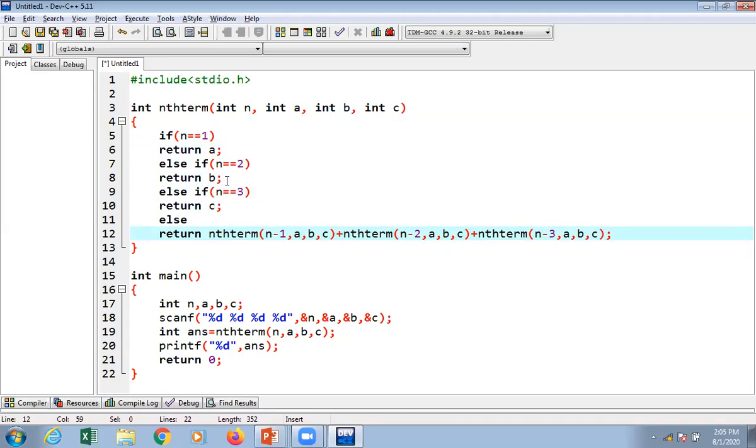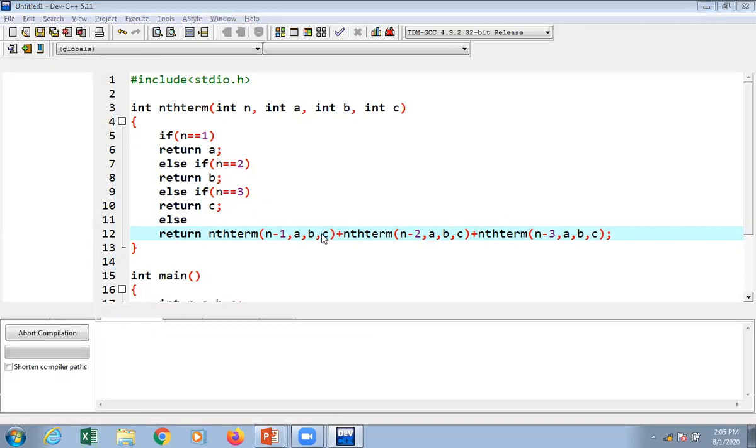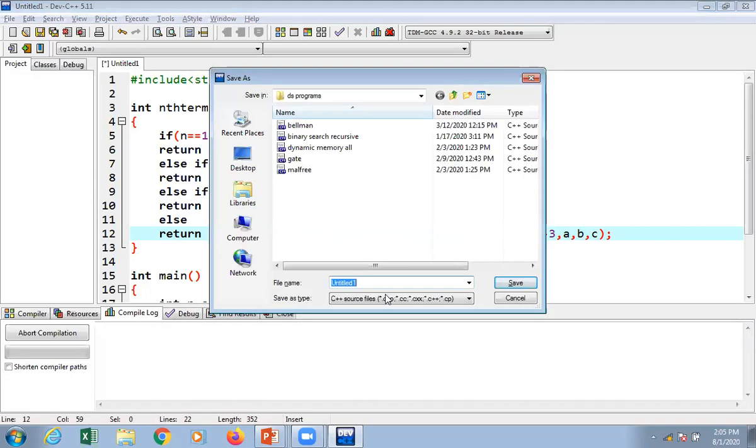So similarly, it will be going like this till it gets the values of the previous three, and then it will be adding them, and then finally we'll be getting the result.